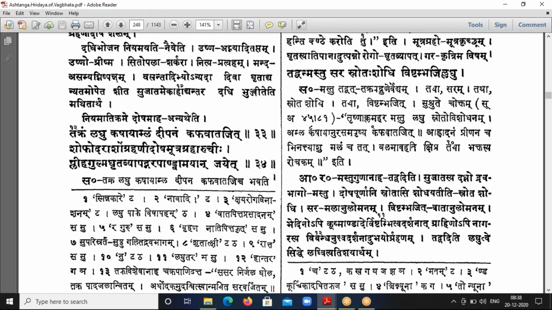In Ashmari, in Grahani, of course. Grahani, I think, is one area where this potential of takram is used very liberally. Grahani doshinam takram vipaki grahi laghu pathyam. We will find a long list of usage of takram in Grahani.